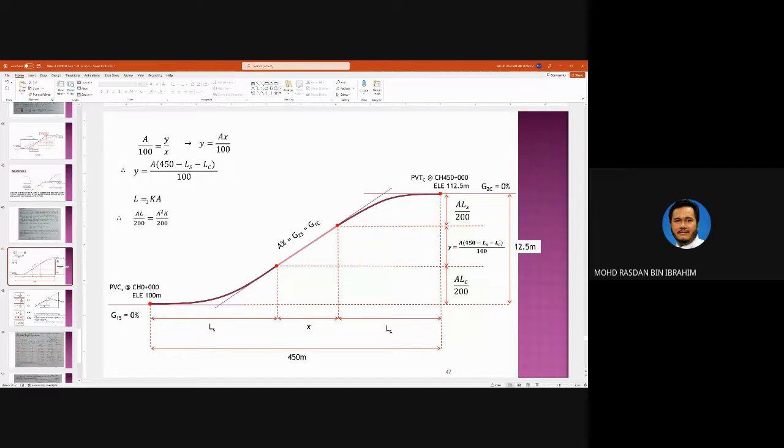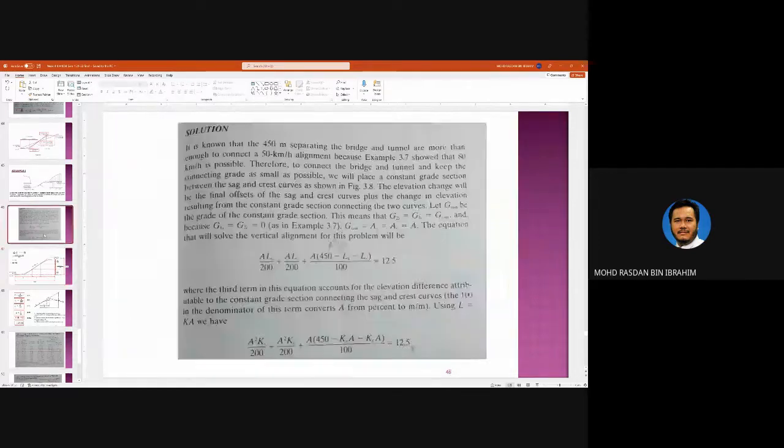So we get A squared times K over 200. This is the explanation of the third term.